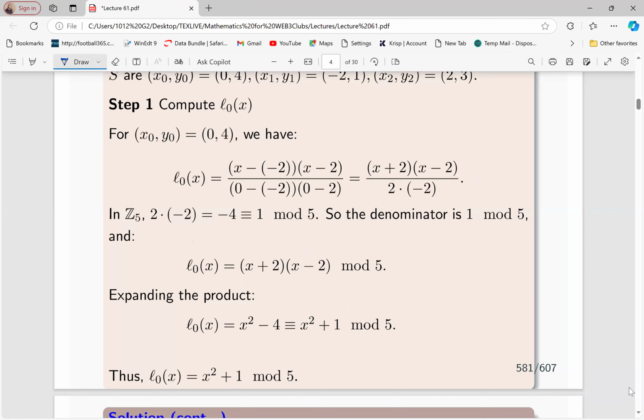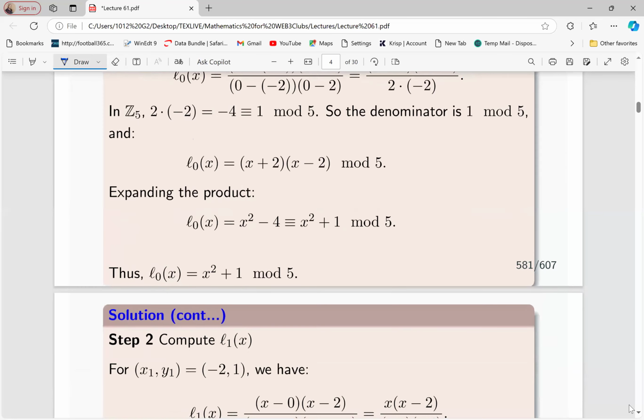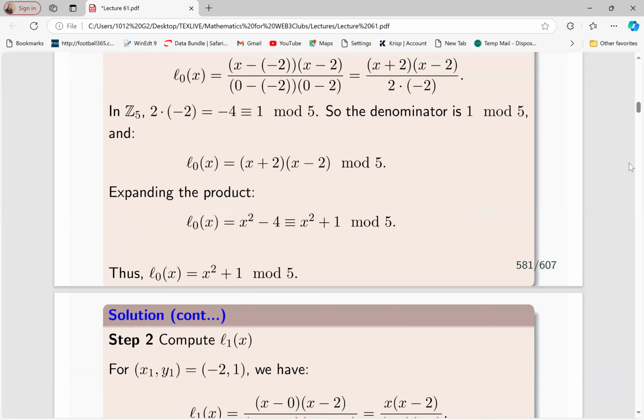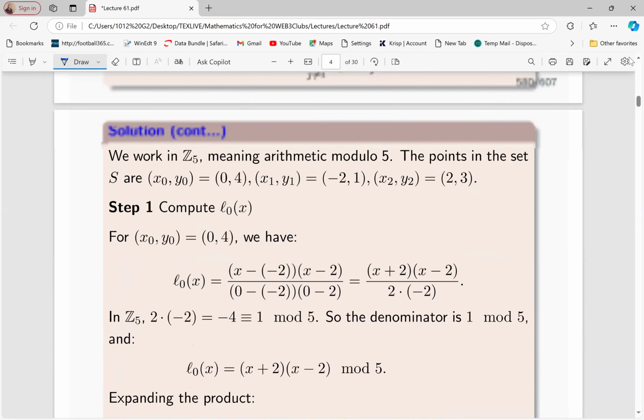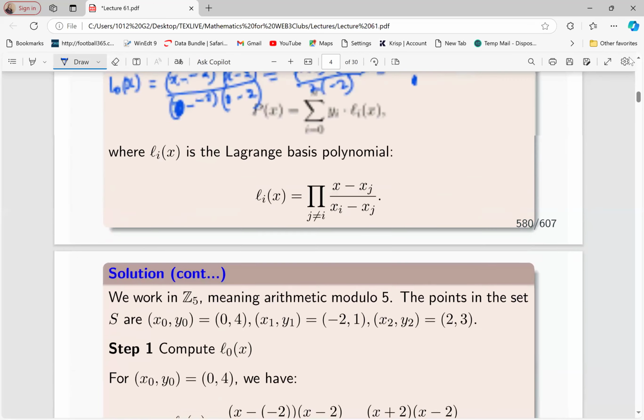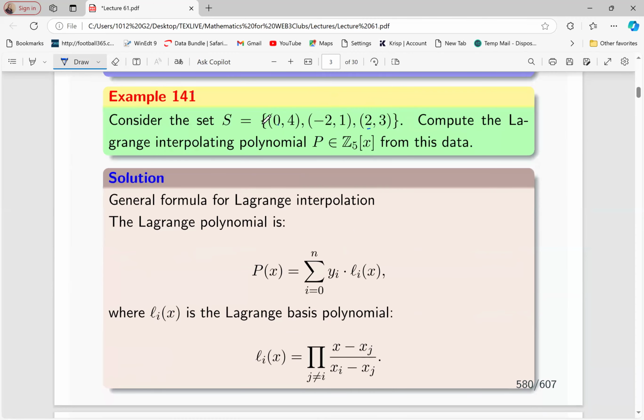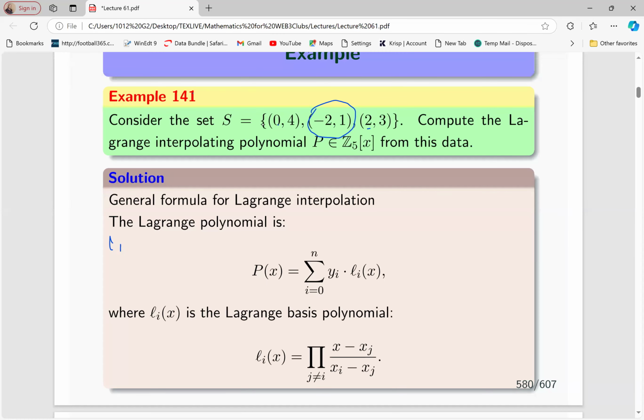Now, we proceed and get L1 of X, the L1 Lagrange basis polynomial. The point that we're considering, therefore, is this. So our L1 of X becomes: the numerator will be X minus 0, then X minus 2, out of negative 2.